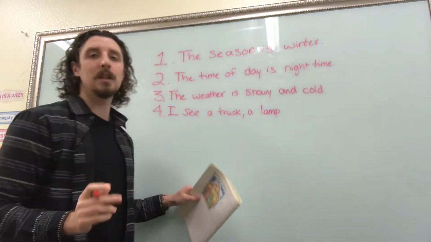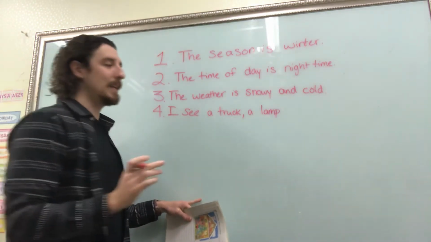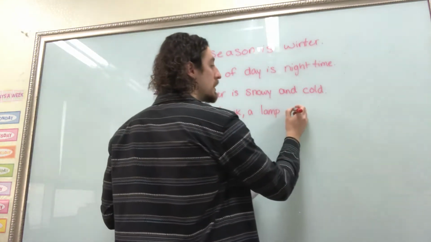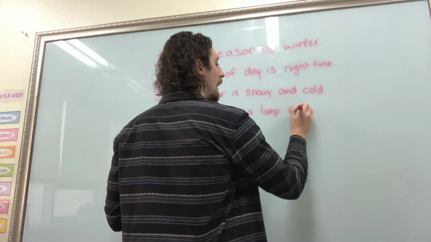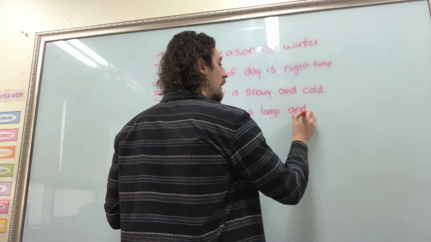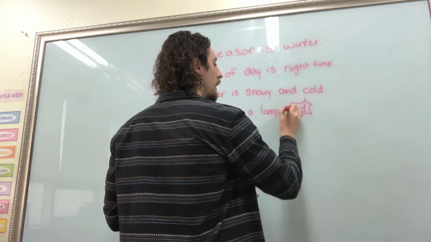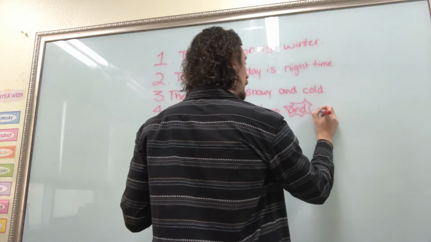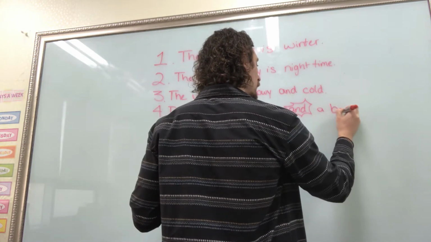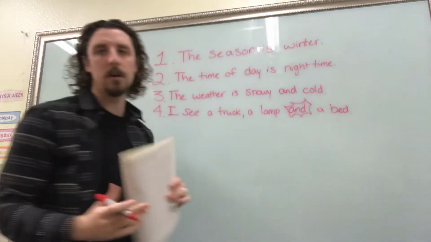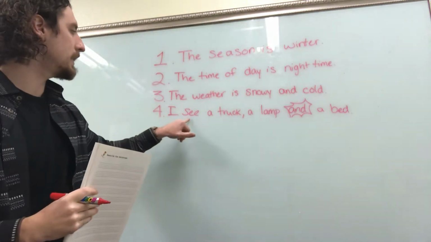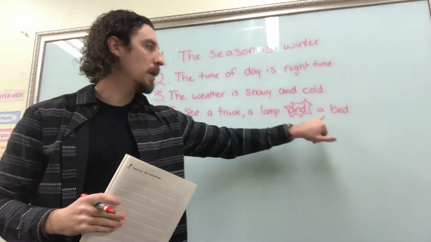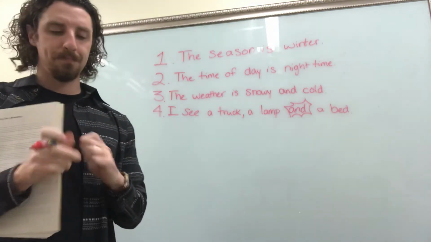Now when we are doing a list, the last thing in the list, we always say the word, do you guys know? We do this in class. And a bed, okay? I see a truck, a lamp, and a bed, okay?